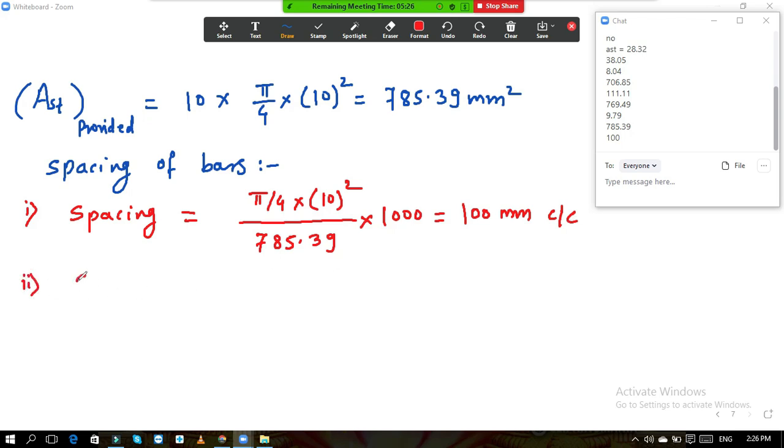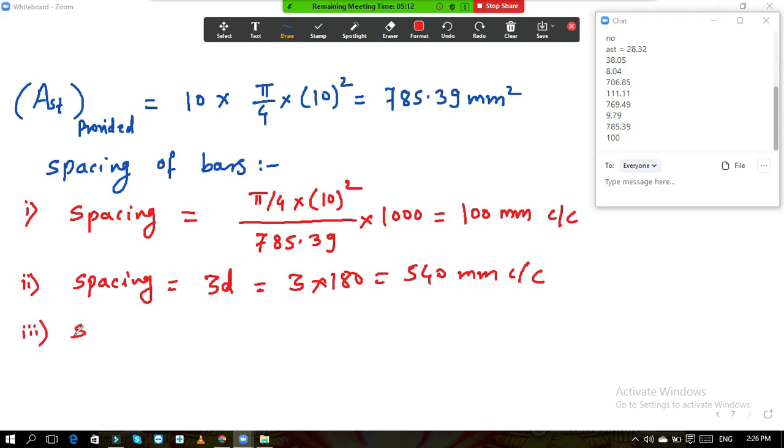Second, spacing is equal to 3d, which is equal to 3 into 180, which is equal to 540 mm center to center, and in no case the spacing must exceed 300 mm center to center.